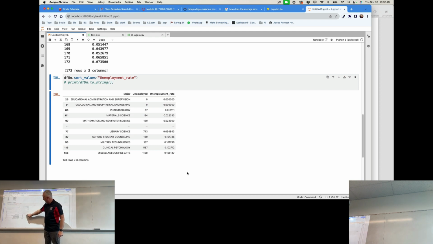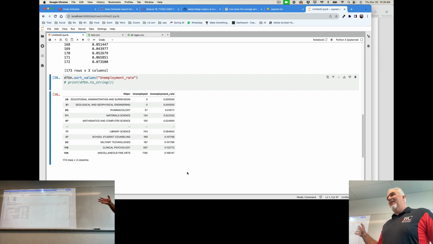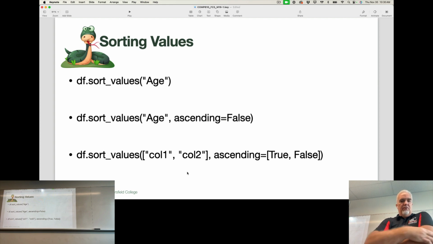Some of the worst, at the other end of the table: miscellaneous fine arts, somewhat predictable, clinical psychology, military technologies, school student counseling, and library science. So if you get time travel back to 2012 and you're looking for a job, don't major in those things. Anyway, those are just some basic things we can do.